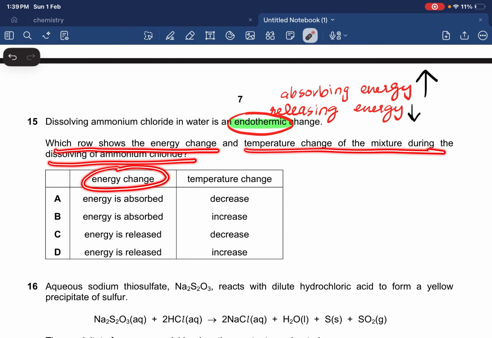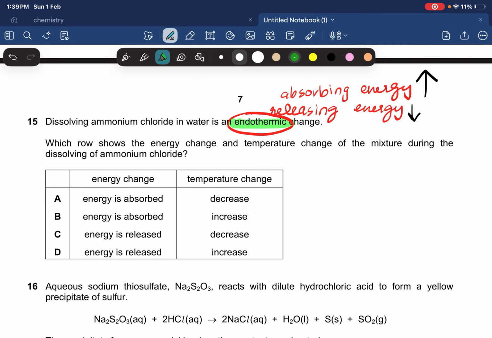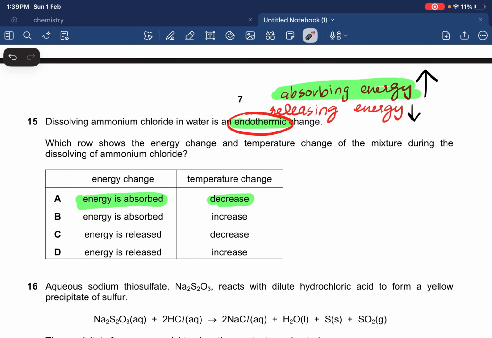Since we're absorbing more energy, the temperature is going to decrease. Energy is going to be released as well, but more is going to be absorbed, so more energy gets absorbed than released.